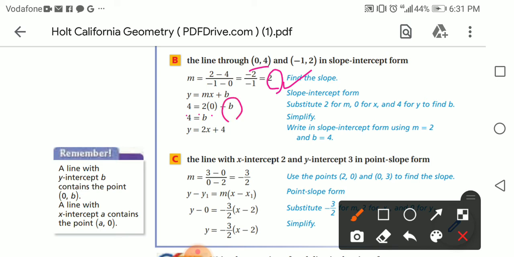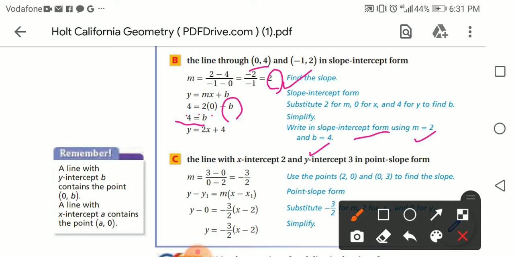After simplifying, 2 times 0 is 0, anything times 0 gives me 0, and I have just positive b, so b will be equal to 4. After this, writing the slope intercept form using m equals 2, which is the slope, and b equals 4, I'll have y equals 2x plus 4.